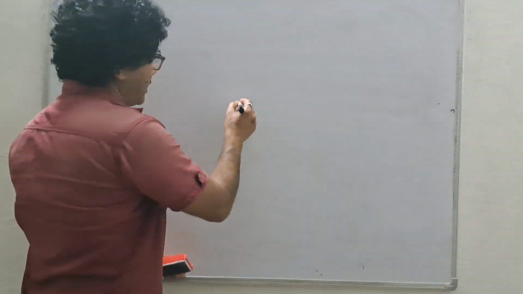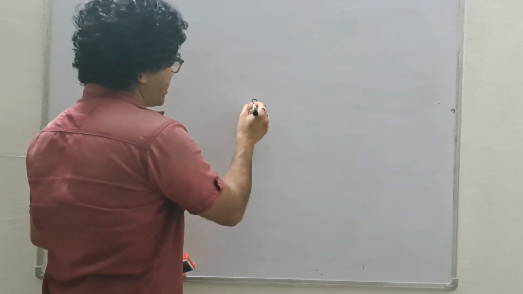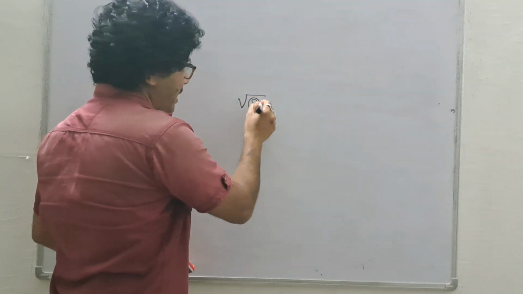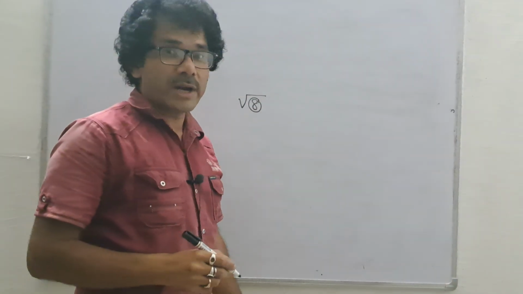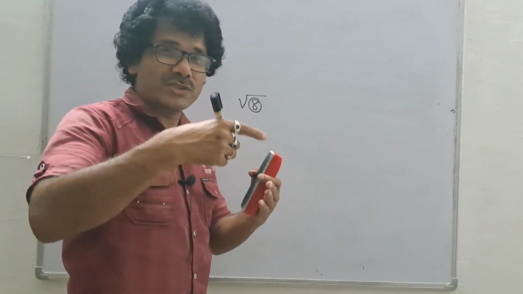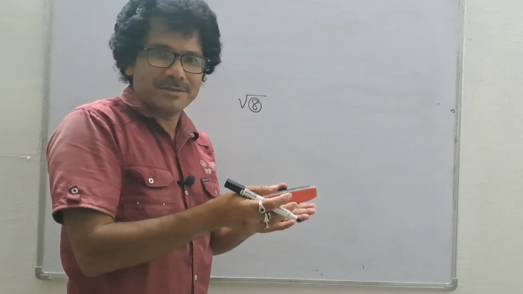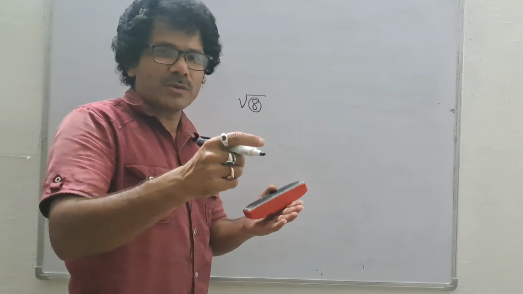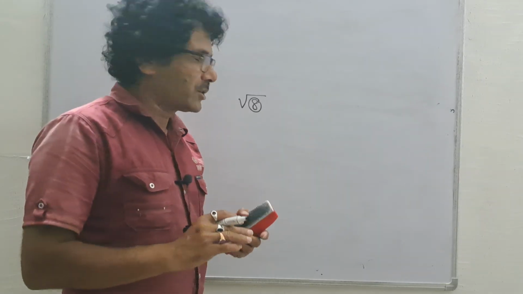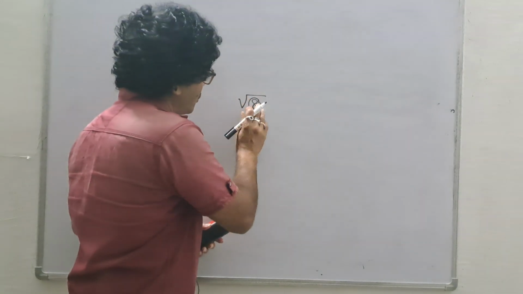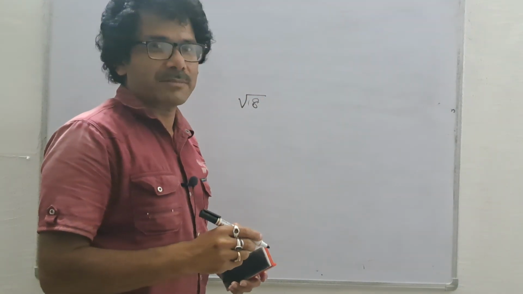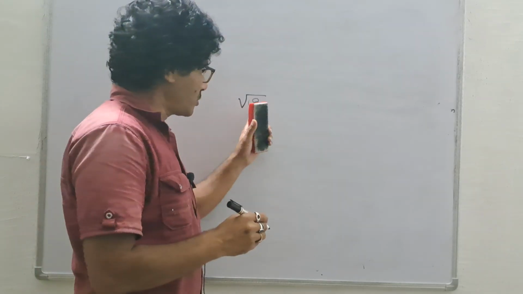Now irrational number. Suppose 8. 8 is a non-square number. It is not a square number because 1 square is 1, 2 square is 4, 3 square is 9. We are not getting 8. So 8 is not a square number. Understood? And the square root of a non-square number is called an irrational number.